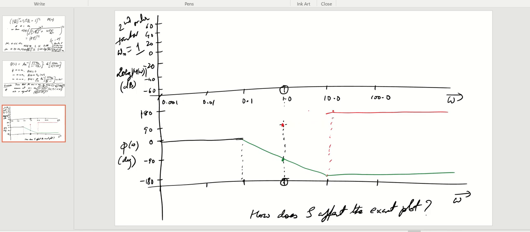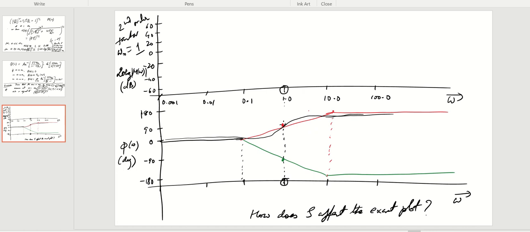Never mind, I can draw that again. The other option is that it could start about like this, cross the asymptote once here, then pass through this, and then again cross here and go like this.